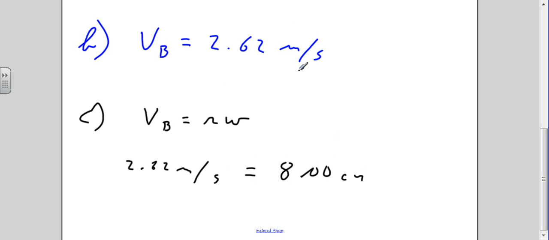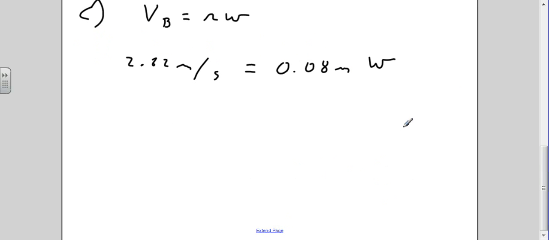So I'm going to change that to meters before I go anywhere else. 0.08 meters times omega. Okay, well, looks like one equation, one unknown. I guess I'll just put it in my calculator and have it tell me the answer. Second function solves something numerically.